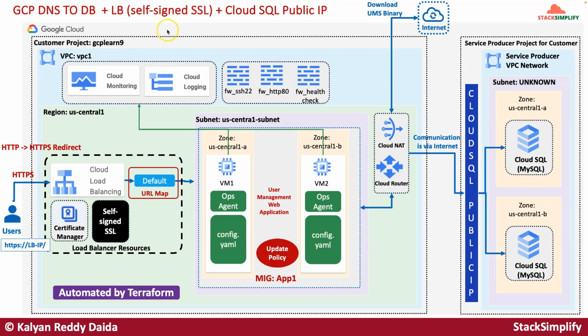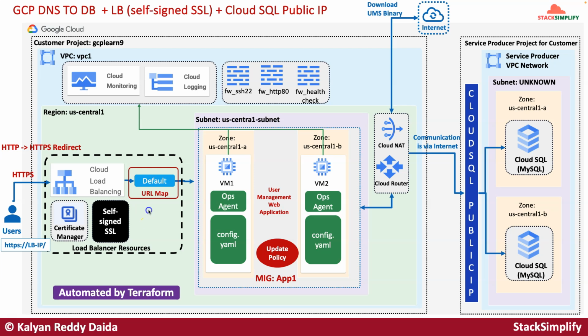And here, again with Cloud SQL public IP, we are going to do two demos. One is with a self-signed SSL certificate manager, and here you can see communication is via the internet to our Cloud SQL public IP. This is for the students who don't have a registered domain.